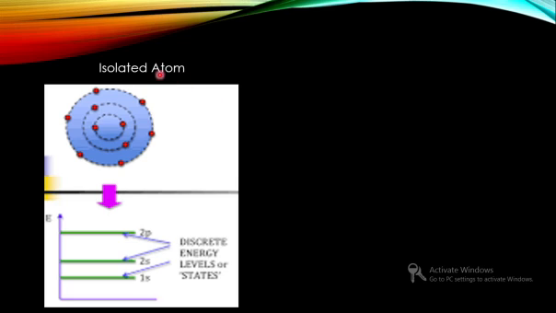For that, let us consider an atom alone, that is an isolated atom. Here you can see there is a nucleus at the center and electrons revolving around in shells, and the energy of these electrons can be represented using a horizontal line. That corresponds to the lowest energy, that is 1s, then a higher orbital energy, that is 2s, then a still higher energy 2p and so on.